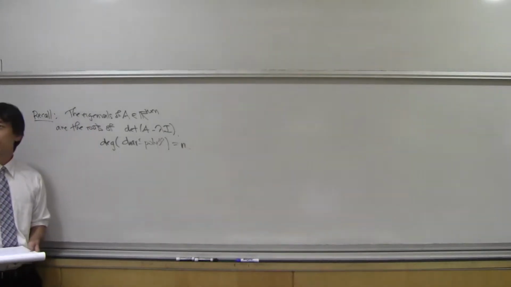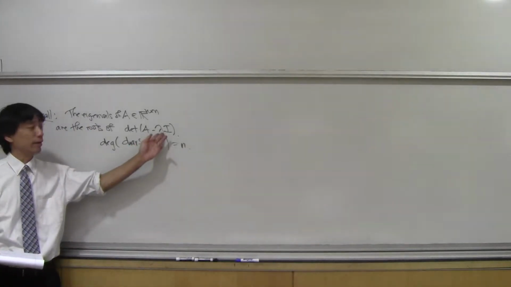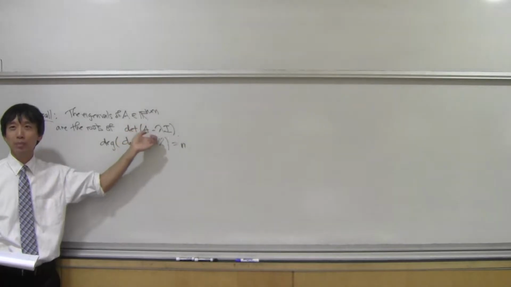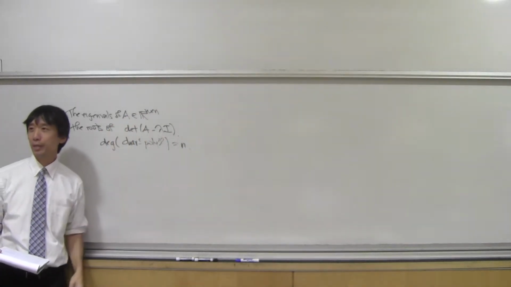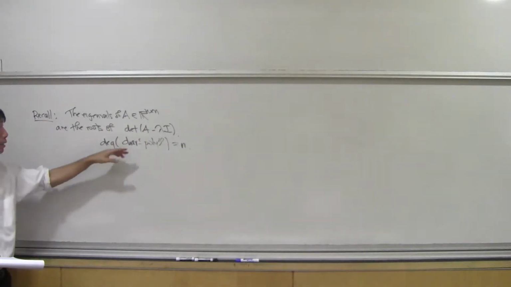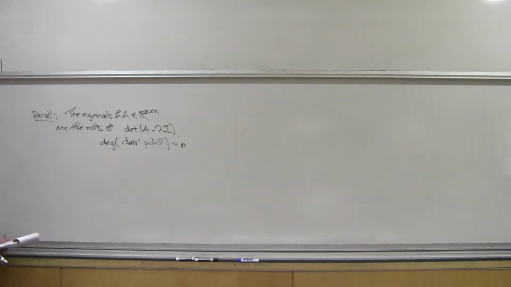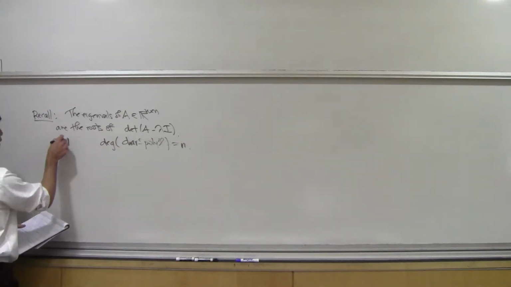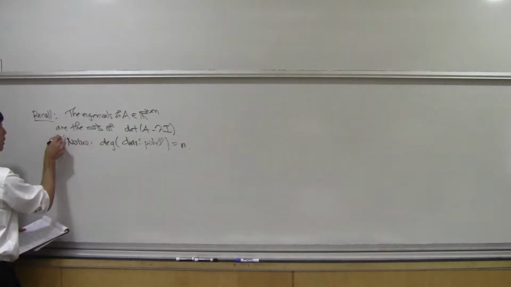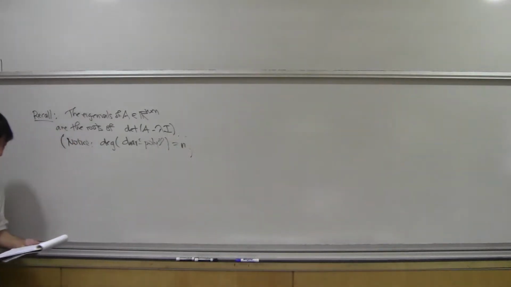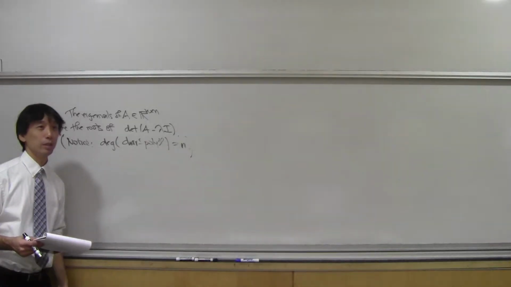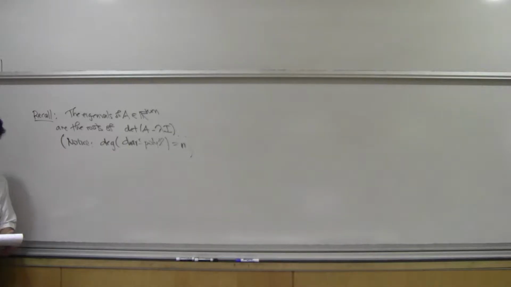You're going to have lambda to the n as your highest degree. That's just a side remark: the degree of the characteristic polynomial is n.